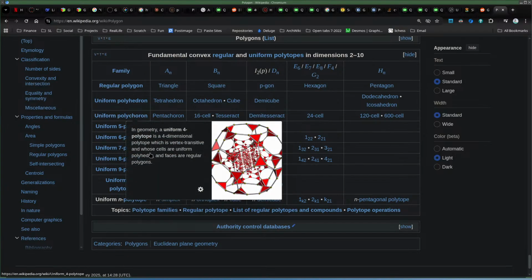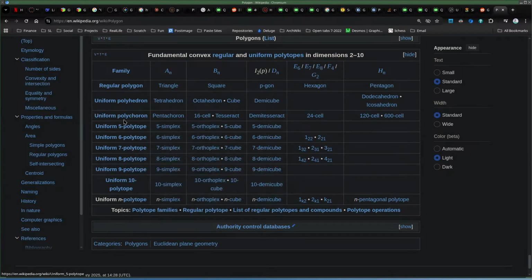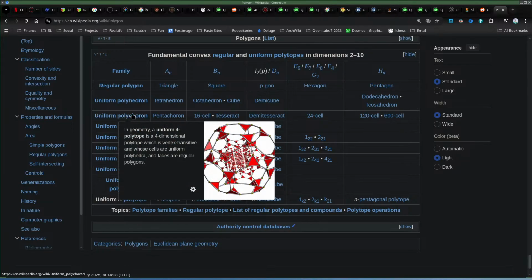Because that's one. You got 9, 8, 7, 6, 5, 4. So a 4-polytope is a polygon. Aha, in geometry, a uniform 4-polytope is a 4-dimensional polytope which is vertex transitive, I don't know what that is actually, and whose cells are uniform polyhedra. And faces are one dimension less, I guess, regular polygons.